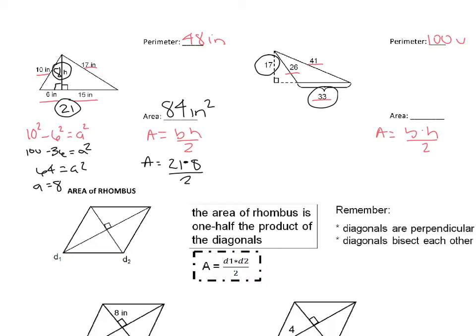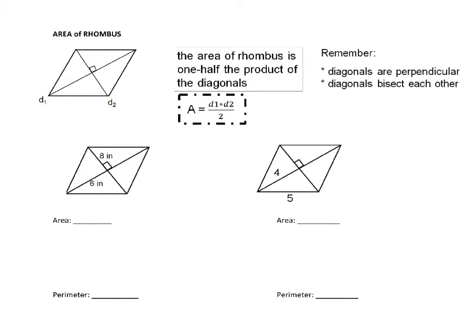So we would have a base of 33 times the height of 17, then I divide that by 2. So 33 times 17 is 561. Divide that by 2, 280.5 units squared would be our result for the area of that triangle.